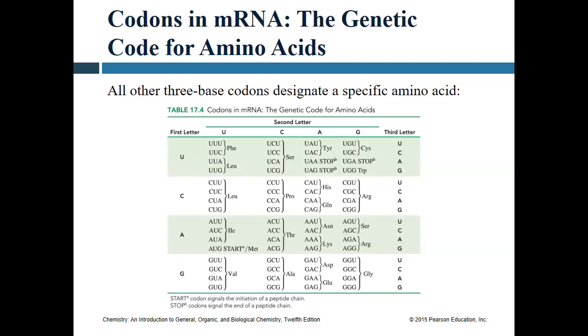Genetic code keys like this are what are important for us. Because this is going to tell us how to interpret any 3-letter sequence to figure out what it is.